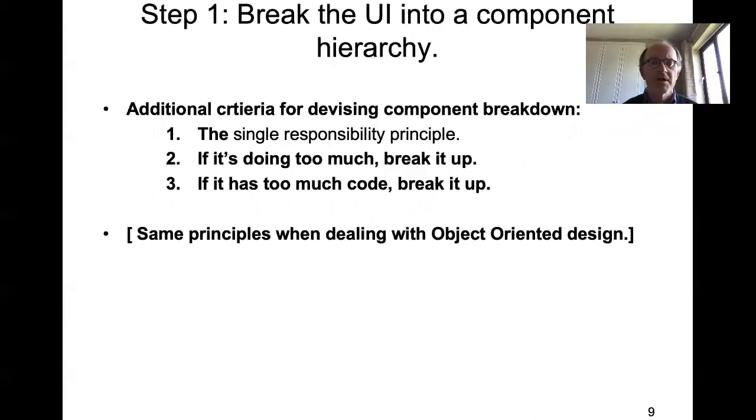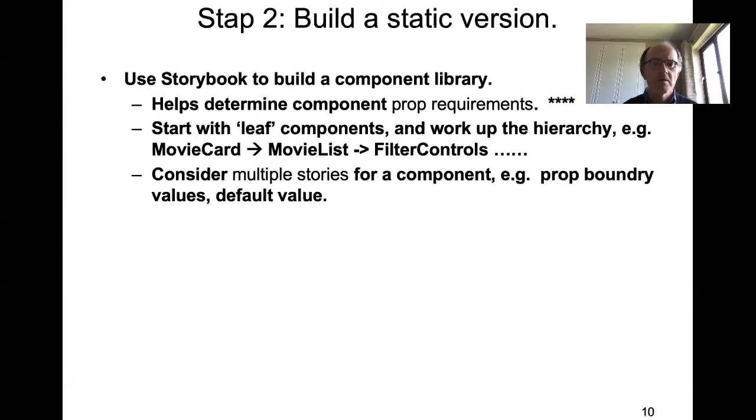Or you may decide that one of the components in your hierarchy actually has more than one responsibility. And we don't like that. We like components just to have a single responsibility. So either way, it's fine to take the hierarchy that you have produced and subsequently decide that some of the components still need to be broken down for whatever reason, any one of the three reasons that I mentioned there. So that's step one.